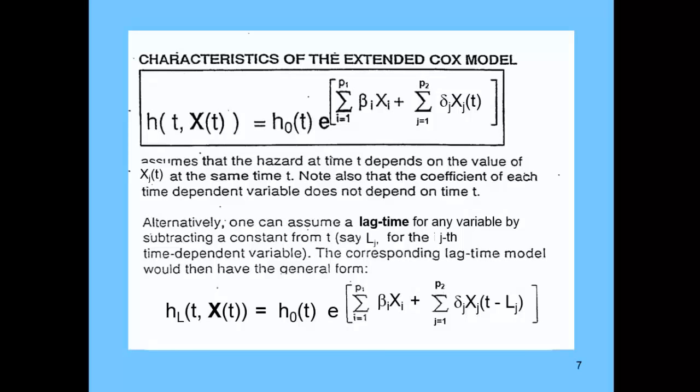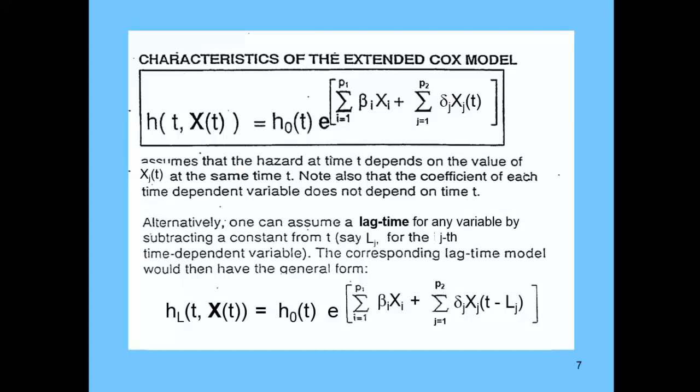If that's the case, you may want to say, I don't care about what the value of this variable is at time t. I care about what the value of this variable was 3 days or 3 weeks before it was first measured, because that's when it started to have an effect. It doesn't happen right now, it happens earlier.